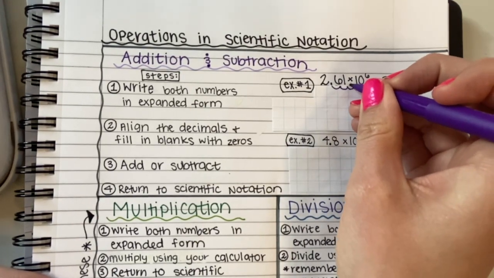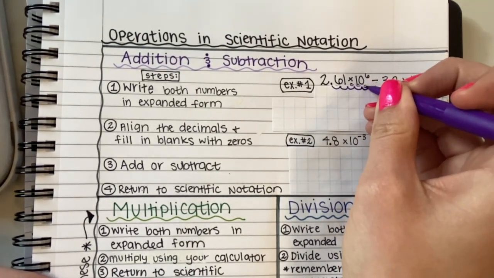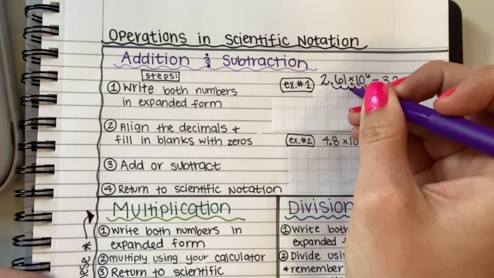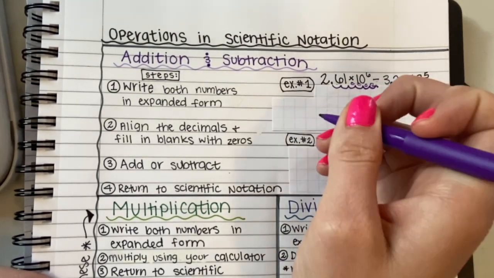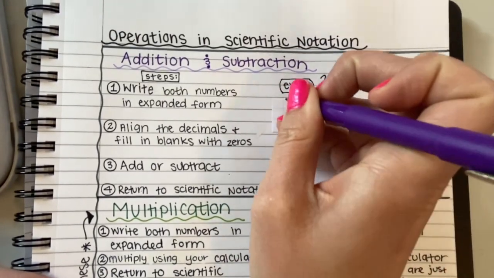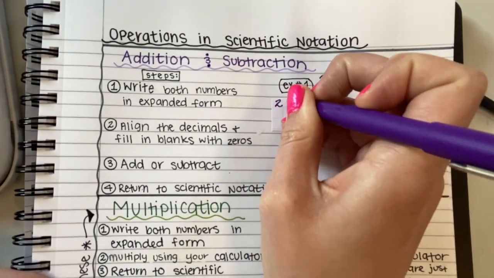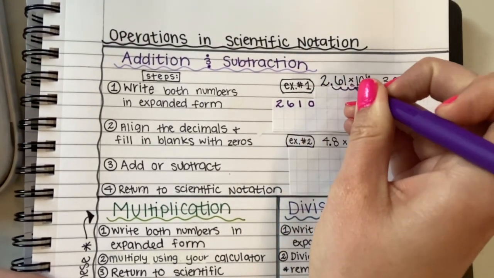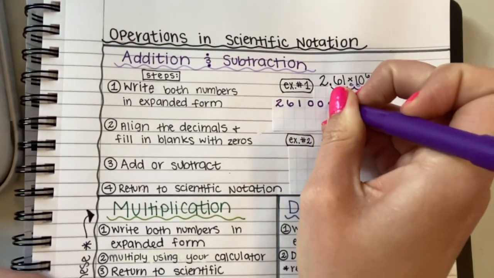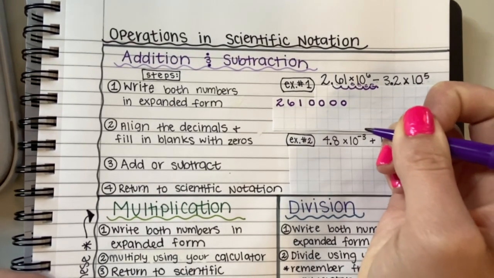I have to fill in zeros where there isn't anything, and then I need to write down the number. So my number is 2,610,000.